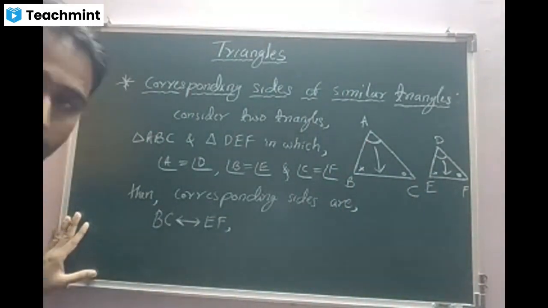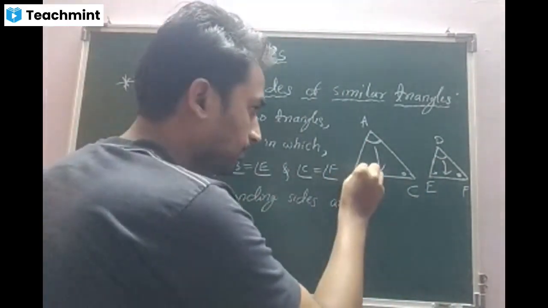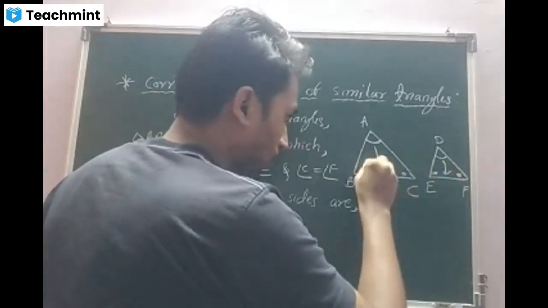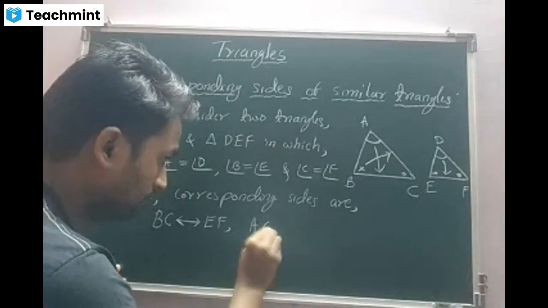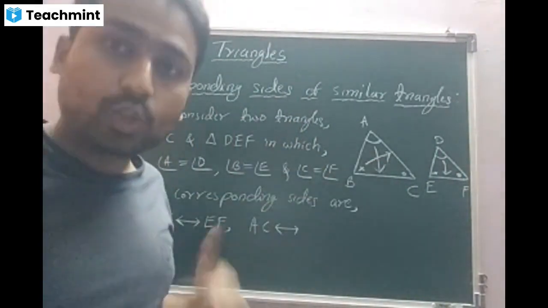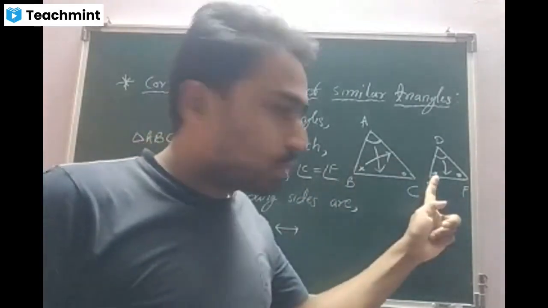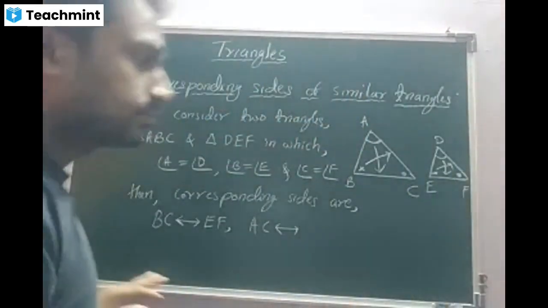This is one set. Now the second set. B equal to E. What is opposite to B? AC. So it should correspond to the side opposite to E. What is the opposite side to E? DF.